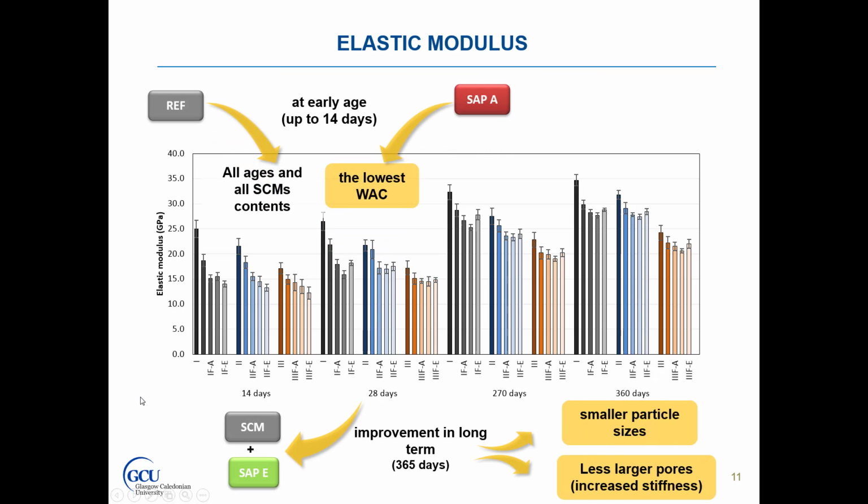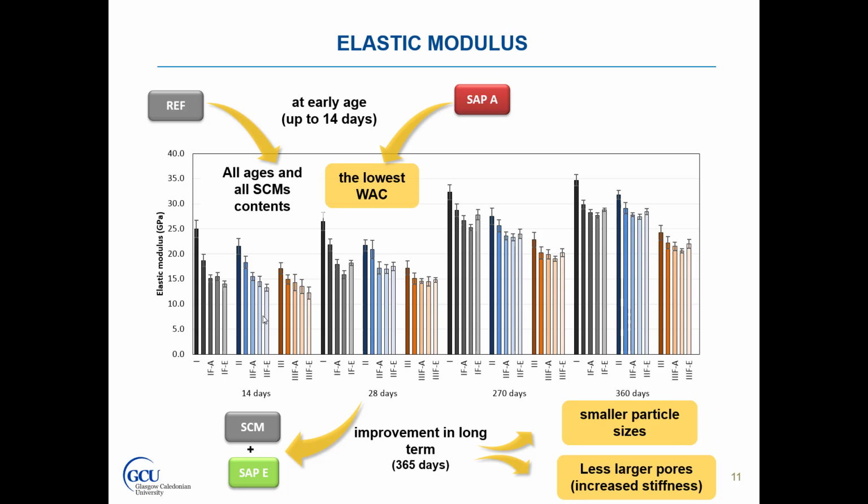The overall trend of elastic modulus up to 360 days is shown here. In general, the elastic modulus of the mortars increased over time due to the progress of the hydration reaction. The results show that the elastic modulus for SAP modified samples was lower than for the reference mixes.